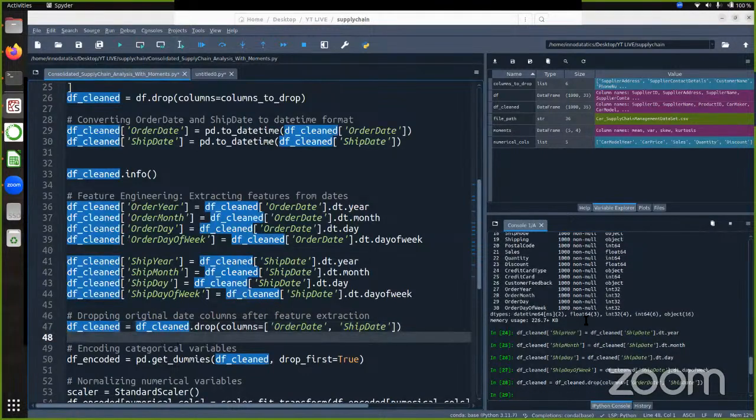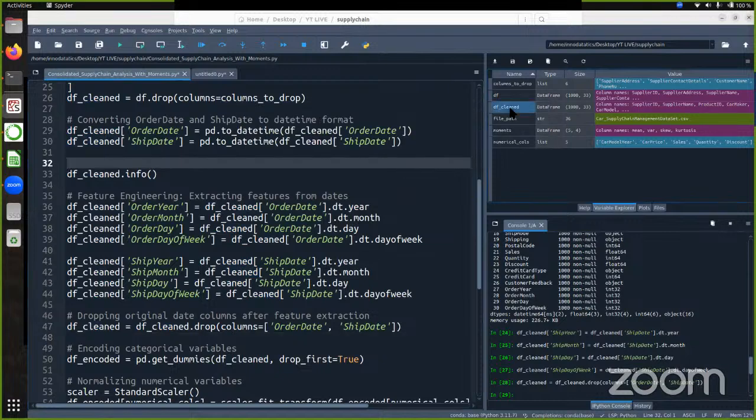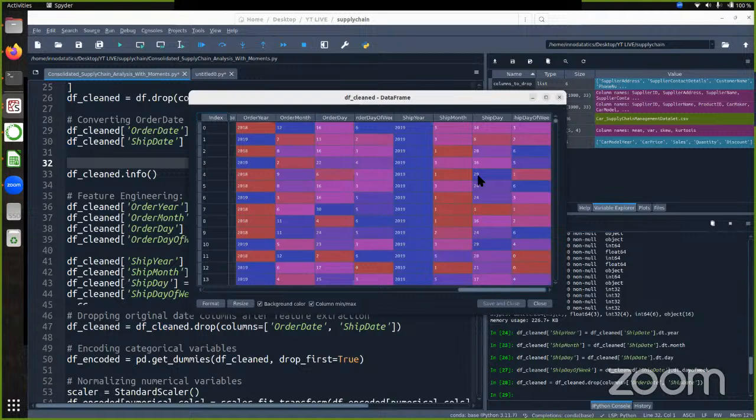If you take a look at the clean data, you don't need those two columns now. This is known as feature engineering, where we take the existing features and create new features. These features did not exist previously, but now they have been added.